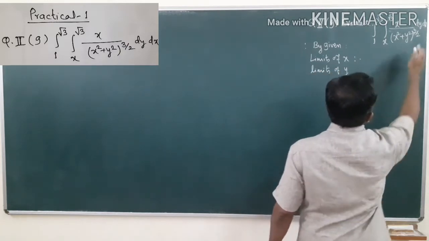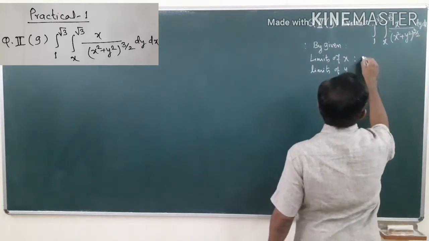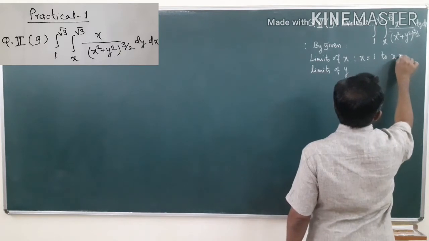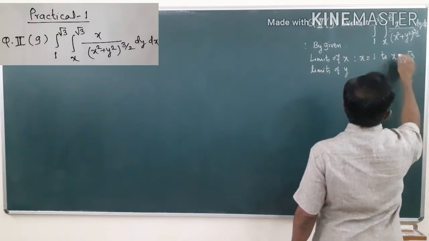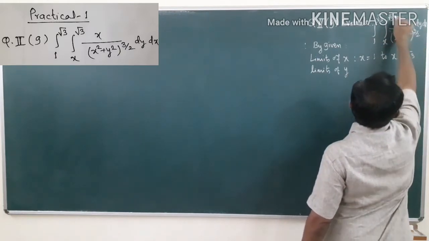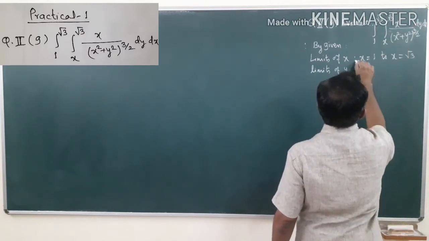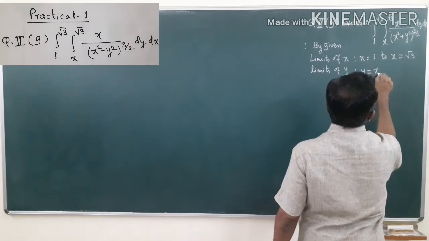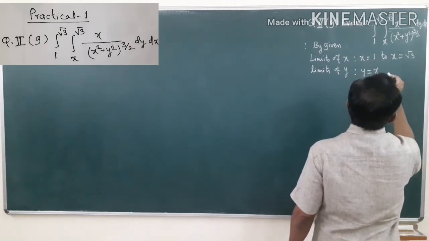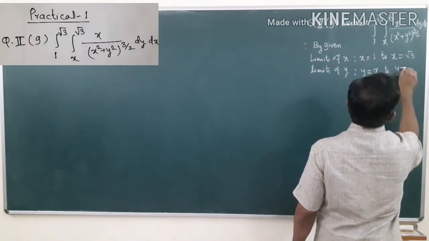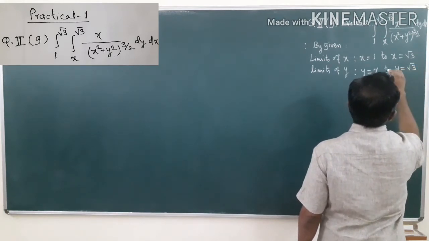X is outside, so x is equal to 1 to x is equal to root 3. Limits of y, the inner integral, so limits of y are y is equal to x, it is a line, to y is equal to root 3.